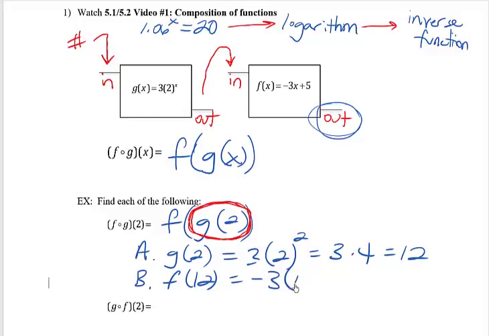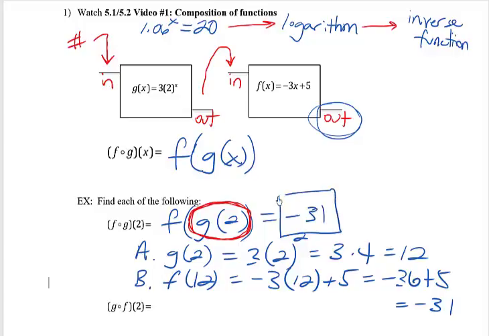Again, just replace all the x's with 12. And if you work out the math here, that's negative 36 plus 5, which is negative 31. That's the final output, and that then is the final answer to the problem. F circle g of 2 is equal to negative 31.